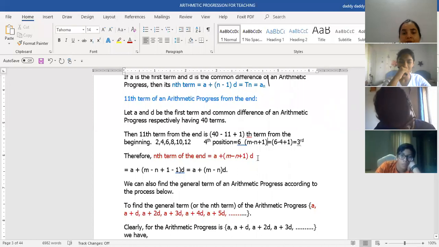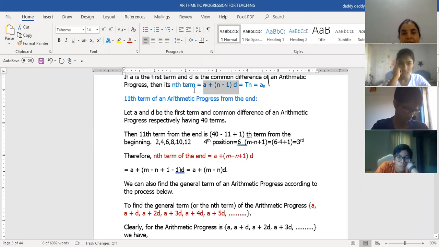Yeah. So basically, now if you see this blue formula, this was the term which is sitting at the nth position from the beginning.